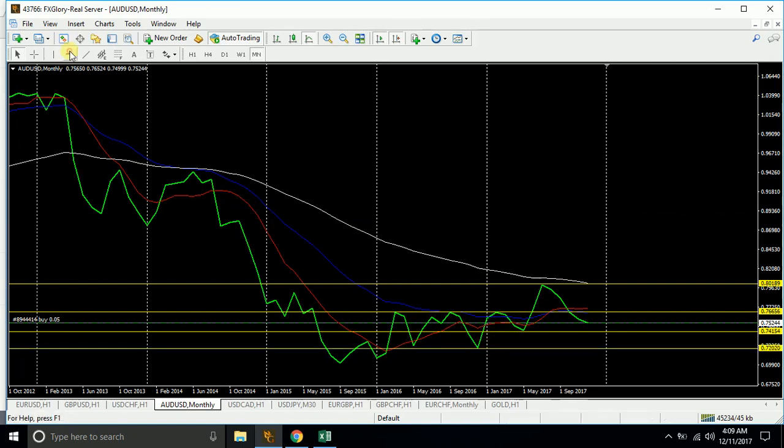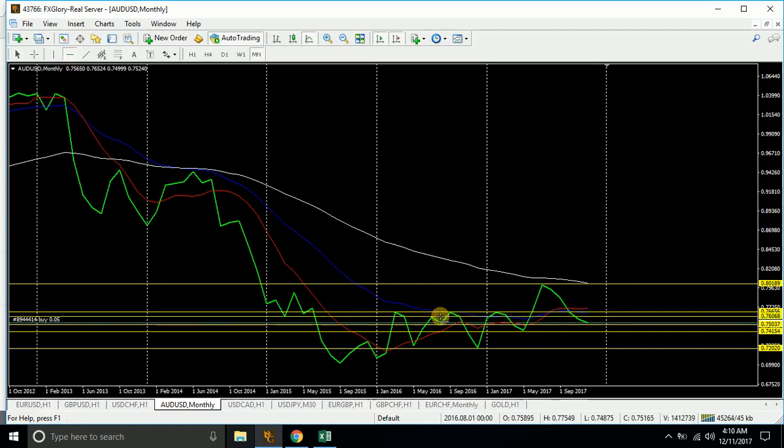Second most recent level of support. Closest level of support, sorry about that. Closest level of resistance.